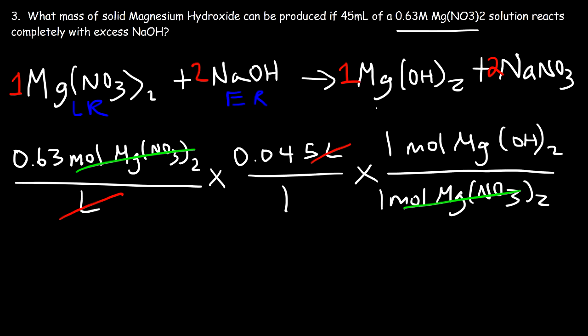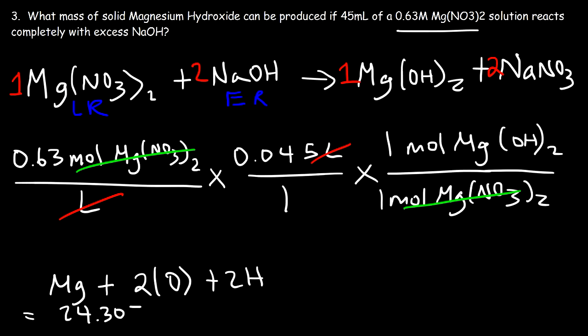Now the last thing that we need to do is to convert moles into grams. So we need to find the molar mass of magnesium hydroxide. So in that formula we have Mg, 2 oxygen atoms and 2 hydrogen atoms. So the atomic mass of Mg is about 24.305 and oxygen is 16, hydrogen is 1.008.